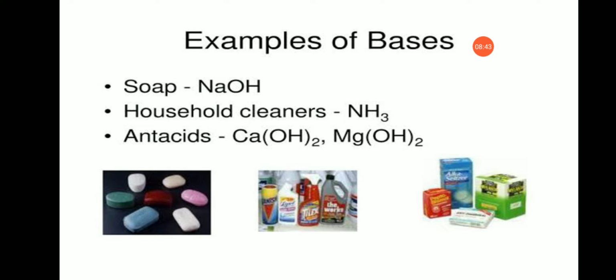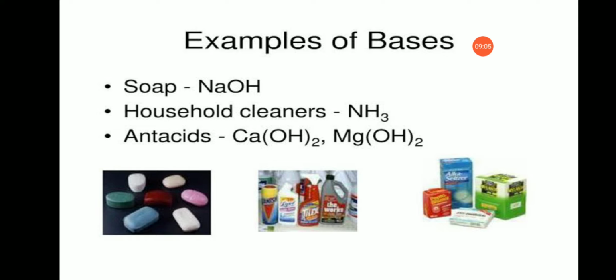What are antacids? Antacids are chemical substances or medicines that are used for acidity. For example, gelusil is a medicine used for acidity. That is an example of antacids. These antacids contain bases as the chemical compound.